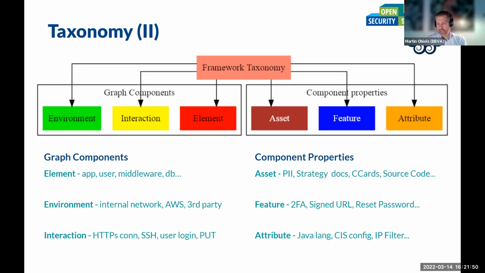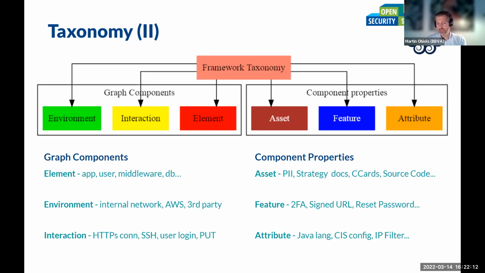There could be more, there could be fewer. We could only have, for example, a single component to cover all the possible properties. But we felt at the time that these 3 groups more or less were granular enough to describe all the different things that may become important from a threat modeling perspective or from a security requirements perspective on a diagram.